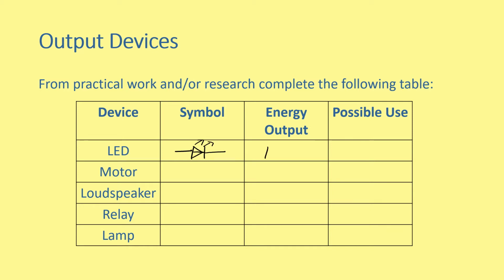The energy output is light, and possible uses, well, we use LEDs for lots of things around the home, but I'm going to say torch. Motor, a circle with an M. Energy output is kinetic. A possible use could be an electric car.